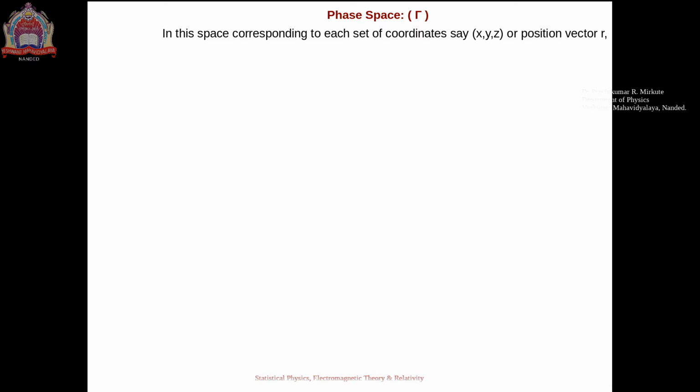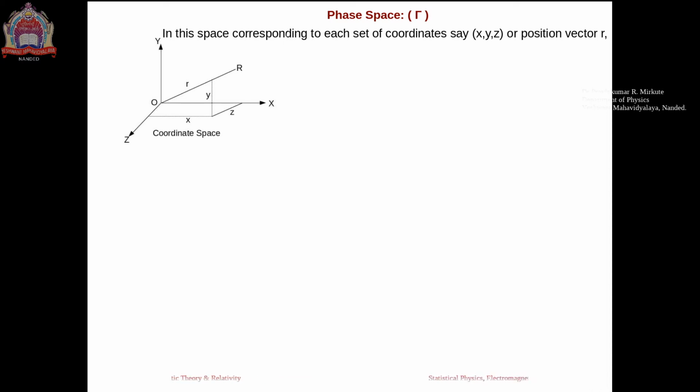So initially, what is the phase space? In coordinate space, corresponding to each set of coordinates, say x, y, z, or position vector r, the x, y, z axes are there, the components are small x, y, z, and the position vector is small r.